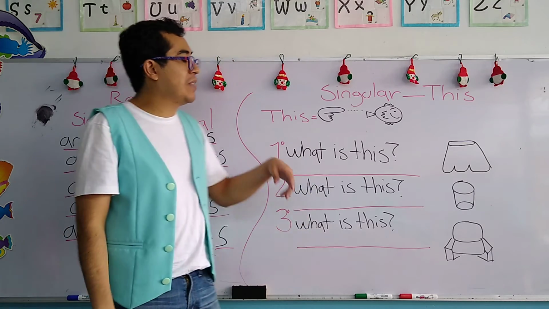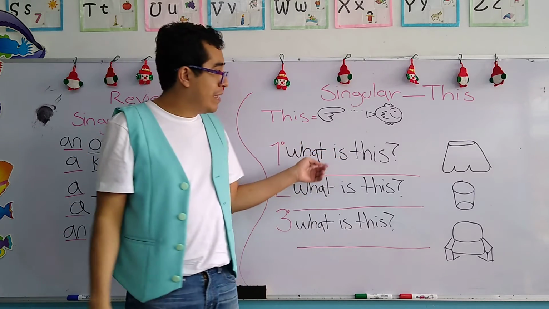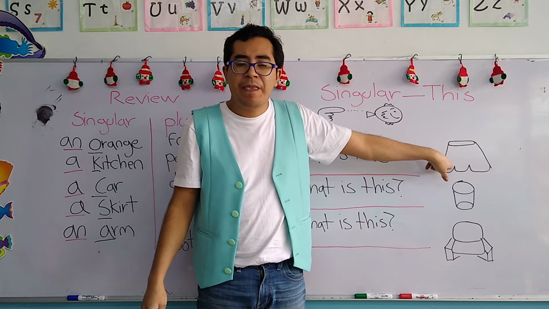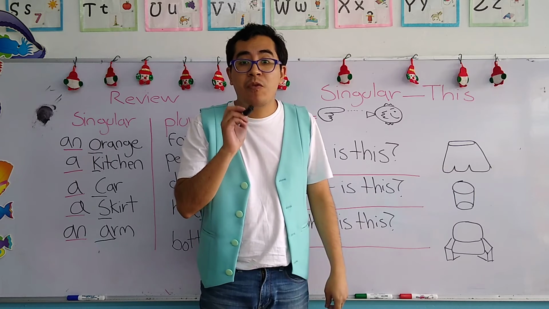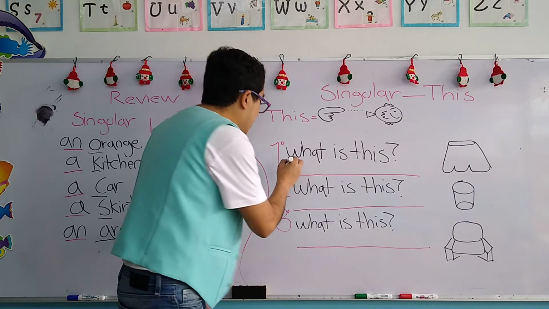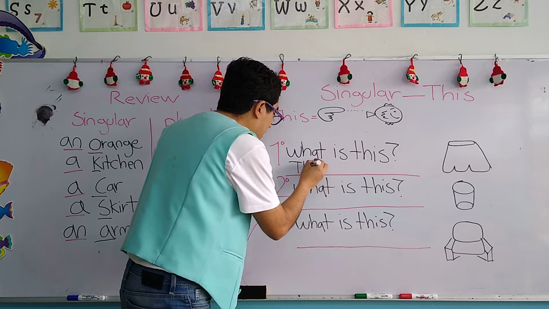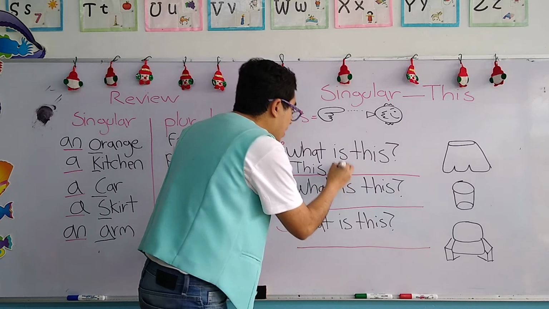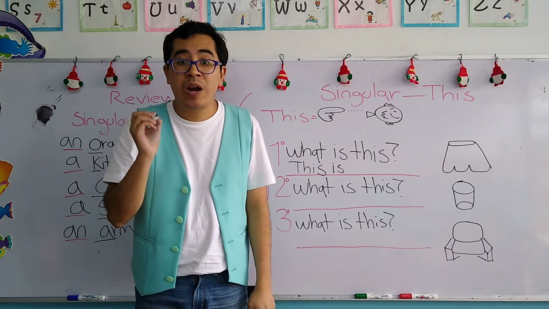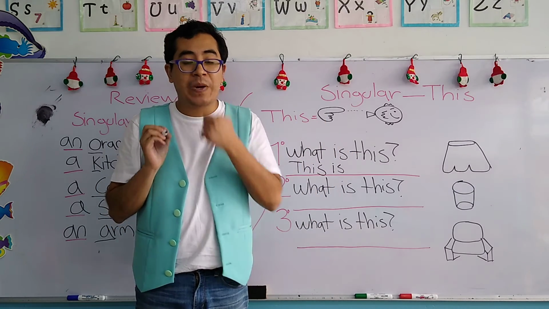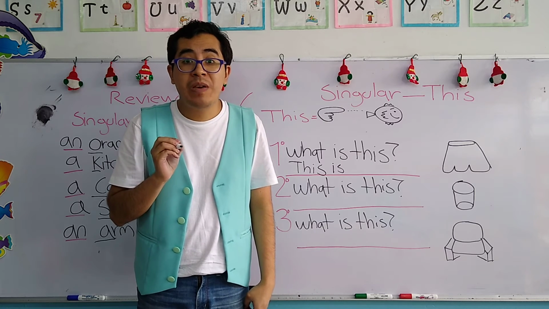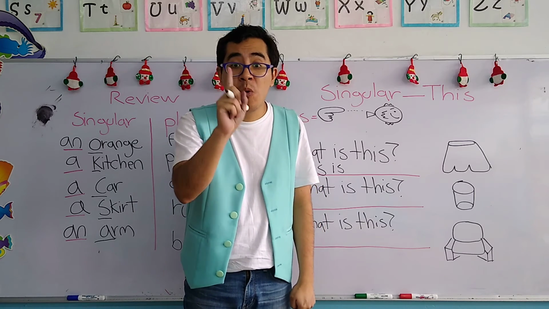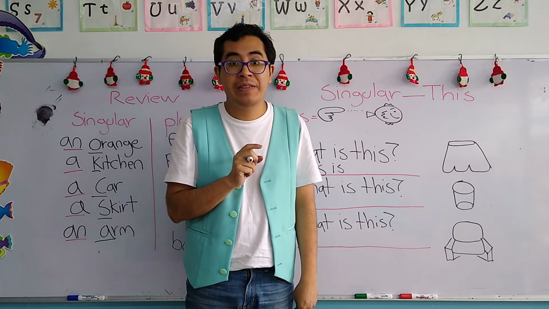The first question, it says, what is this? ¿Qué es esto? What is this? Remember, this is the correct form to answer the question. This, esto, this, is, and because we're talking about singular objects, como estamos hablando de objetos singulares, no se les olvide poner a o an, porque acuérdense que estamos hablando de solo un object, es muy importante esa parte.